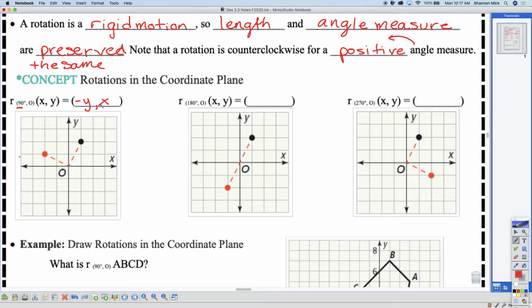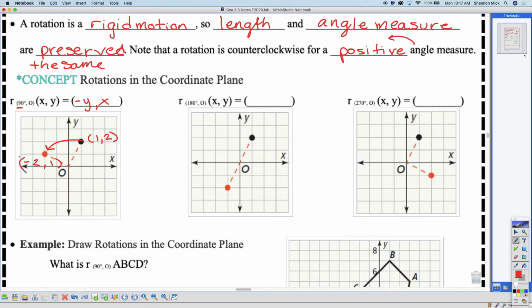Okay, so I start at the black dot, and I'm going to go 90 degrees, so put an arrow like that so you know it's that way, because that's a positive angle, right? So this coordinate right here is 1, 2, yes? What is this coordinate right here? Negative 2, 1. What happened to my 2 coordinates?